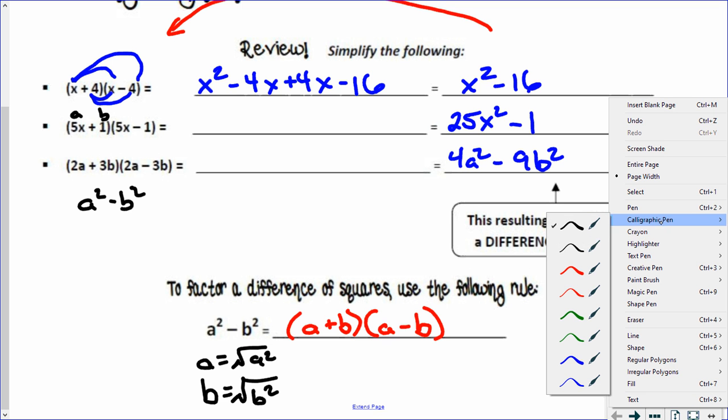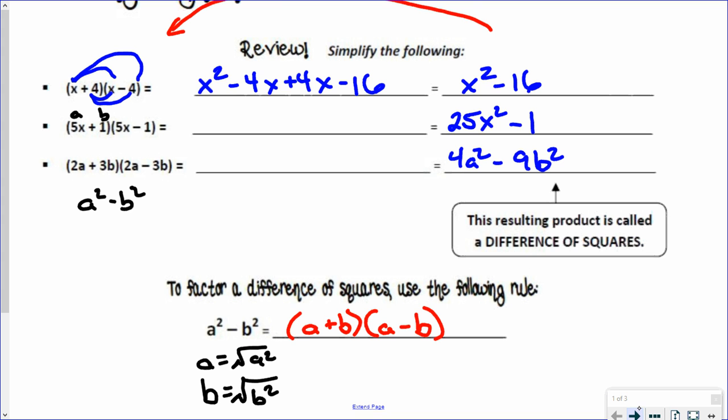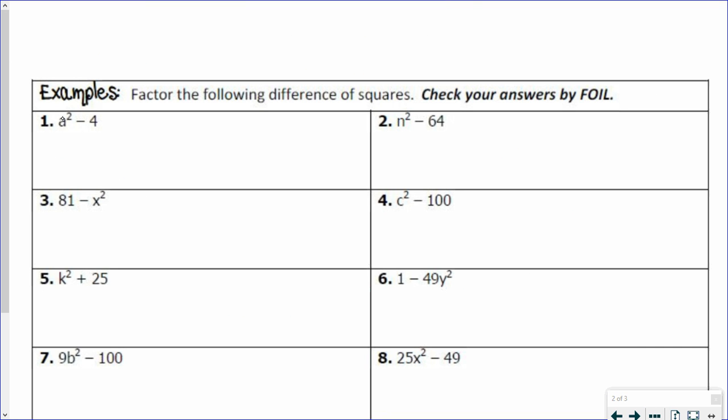All right, so let's do some examples. I have lots of examples here, but I'm not going to do all of them. So what we want to do is take the square root of this and the square root of this. Let me just write it like this.